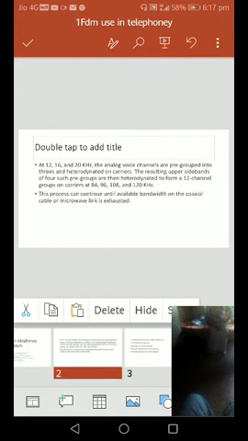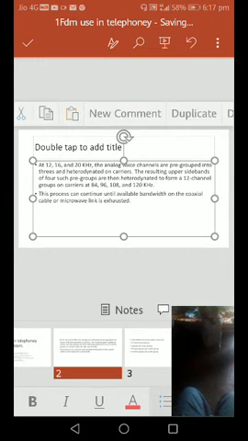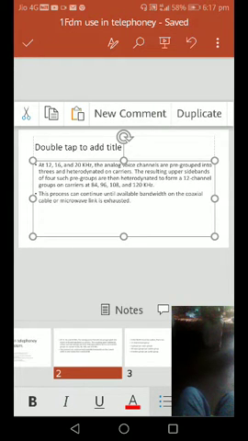Here, in frequency division multiplexing at 12, 16 and 20 kilohertz, the analog voice signals are pre-grouped and heterodyned on a carrier signal.